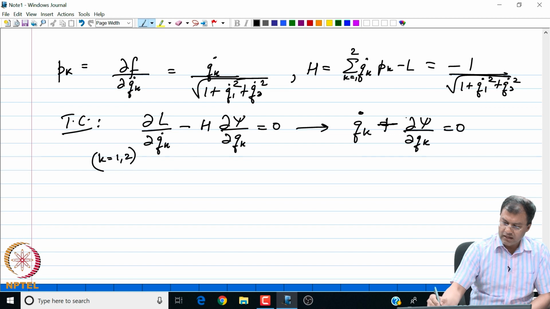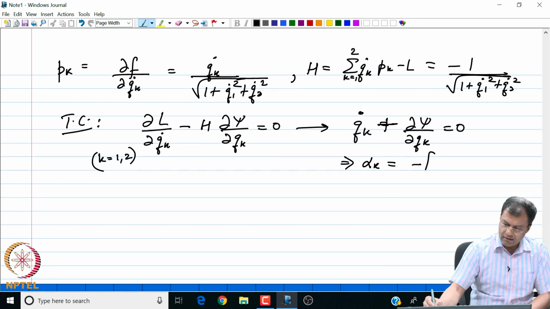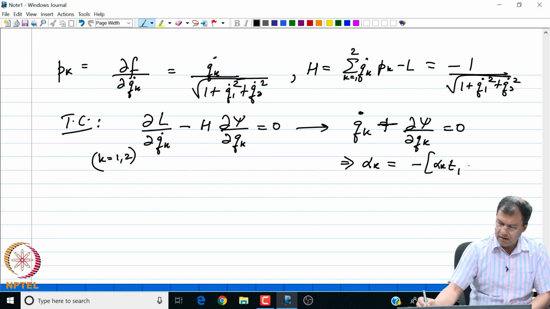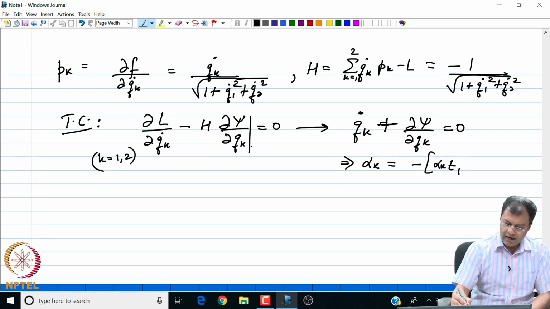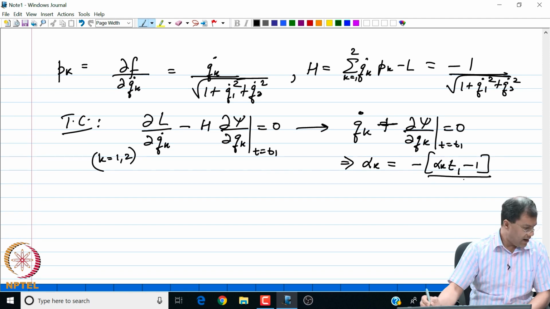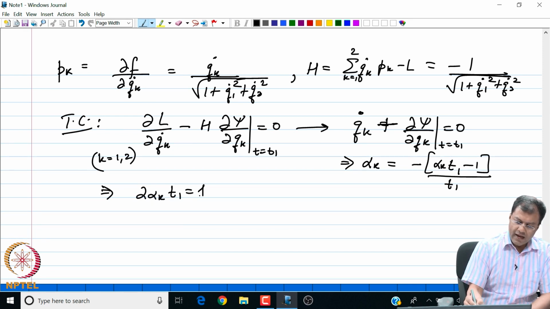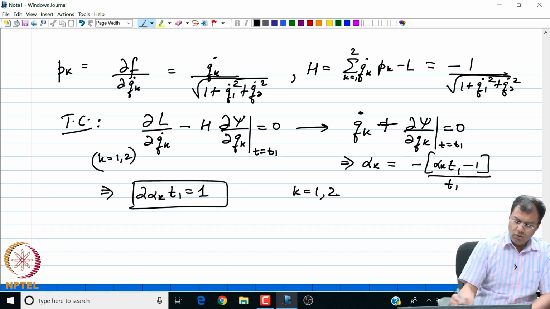I already know the equation of the surface psi, and after plugging in that value I immediately get that alpha k comes out to be minus alpha k at T1 minus 1 divided by T1, evaluated at t equal to T1. So from here my simplified expression is 2 alpha k T1 is equal to 1, satisfied for both k equal to 1 and 2.